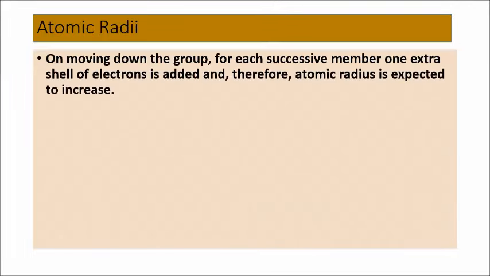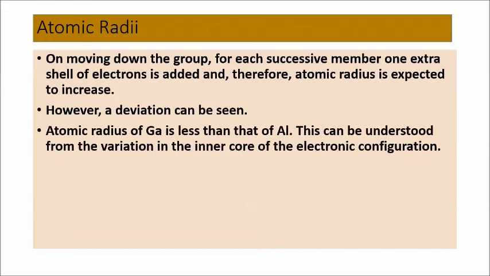Now let's see the atomic radii of the elements belonging to group 13. As we move down the group, one extra shell is added, so the atomic radius increases down the group. However, a deviation can be seen in this group: the atomic radius of gallium is less than that of aluminium. This can be understood from the variation in the inner core of the electronic configuration.